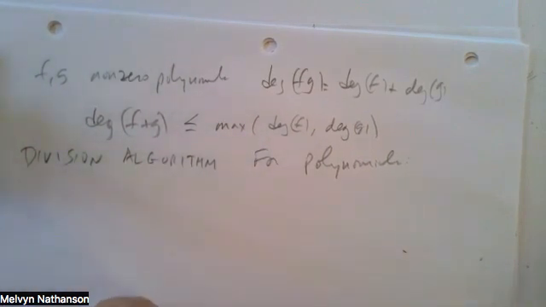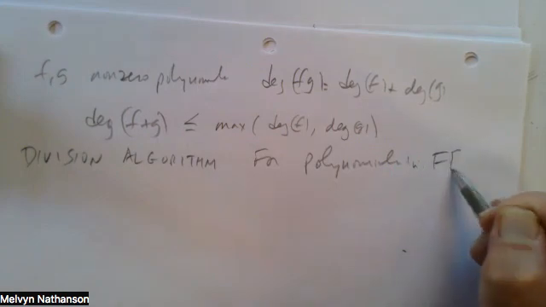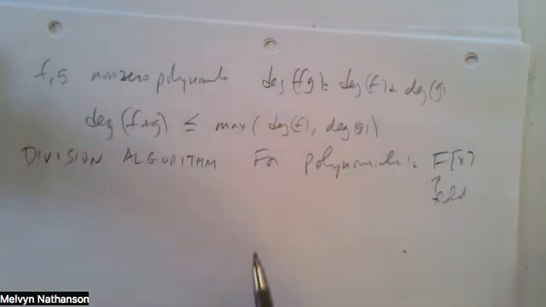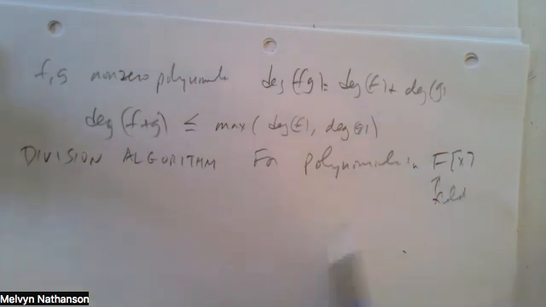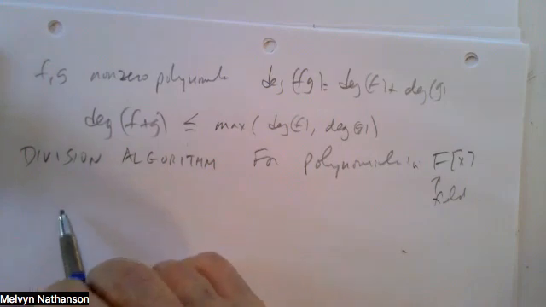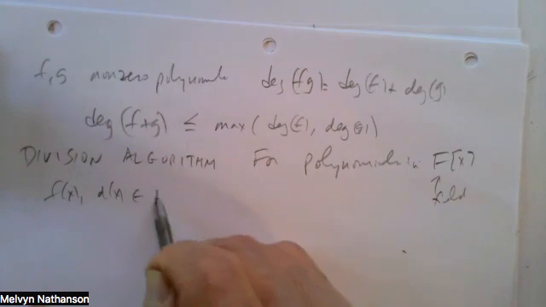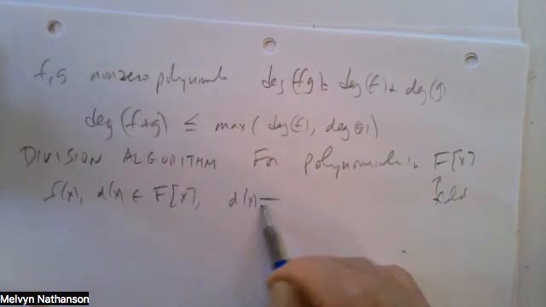So for polynomials with coefficients in a field, this isn't true for polynomials with integer coefficients, but if you're looking at rational coefficients or real numbers or complex numbers, for example, this is true. So F is a field, and f of x, d of x are polynomials over this field, and d of x is not zero.